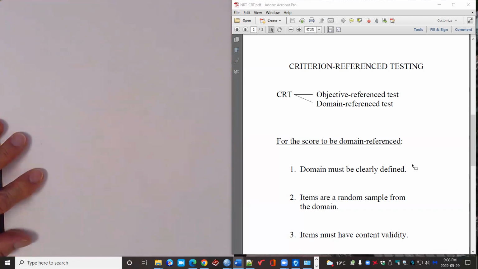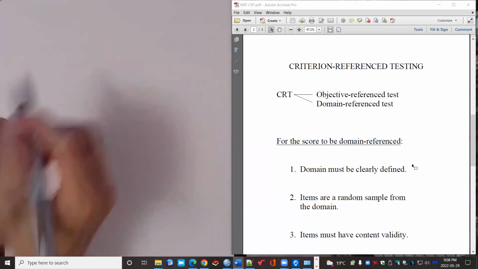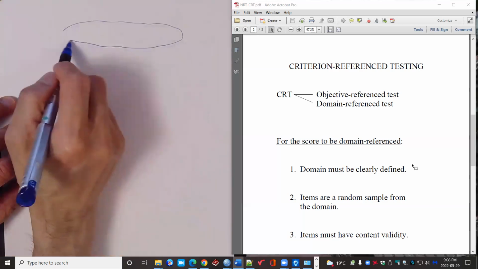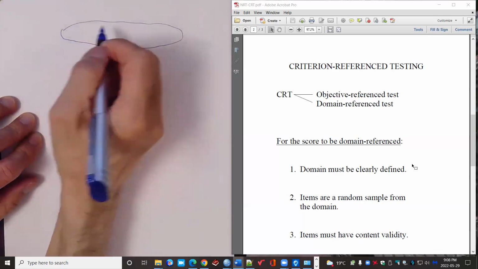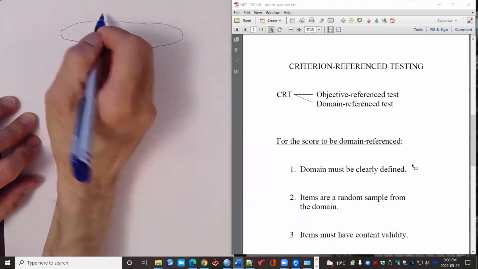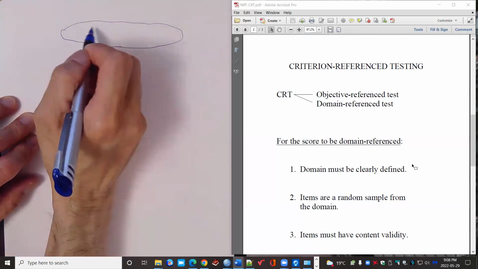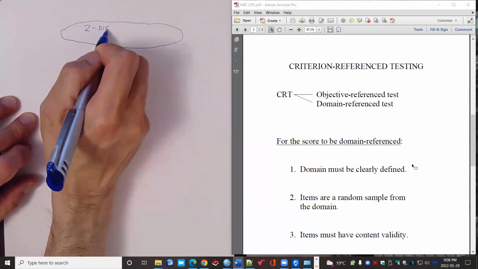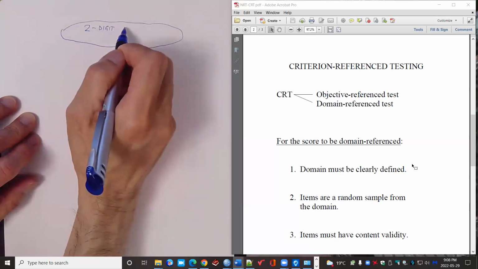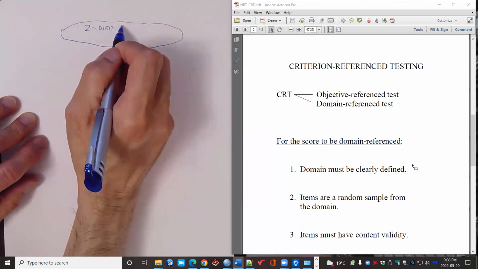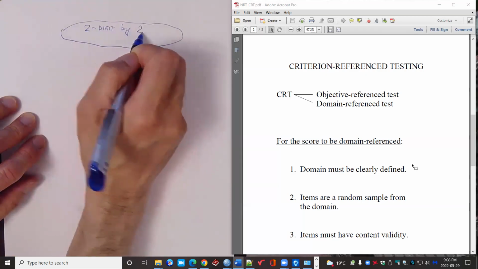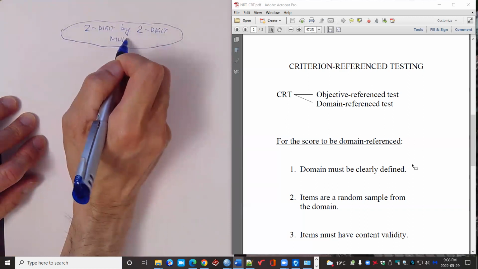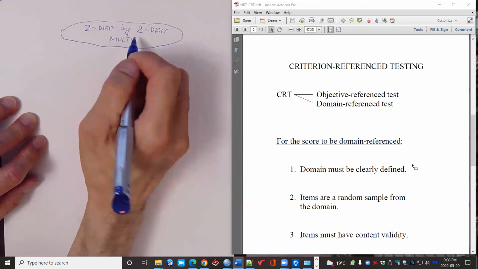All right, now let's say this is the domain, say 2-digit by 2-digit multiplication.